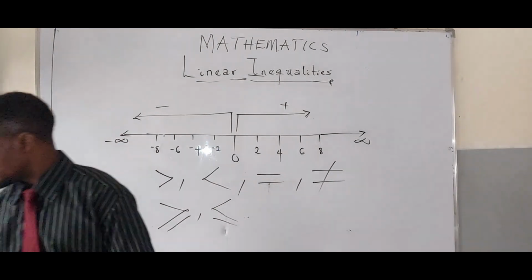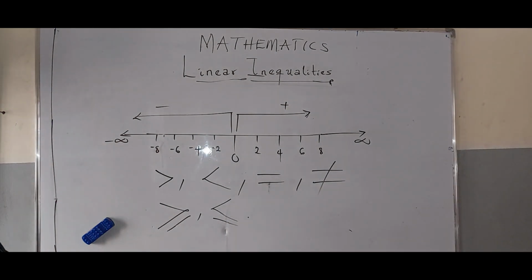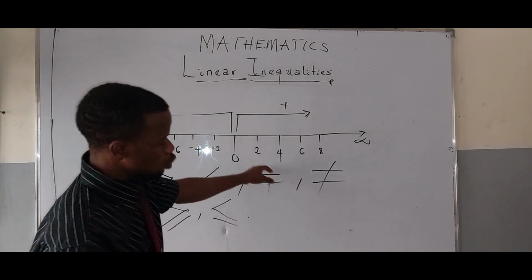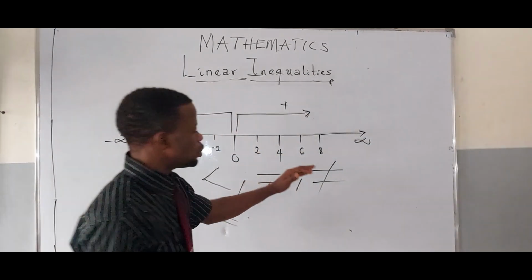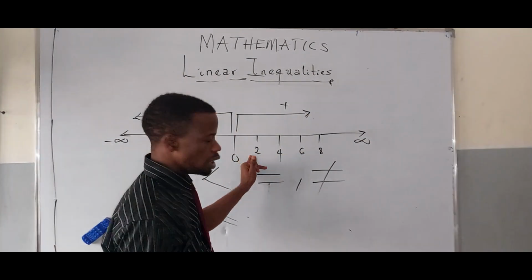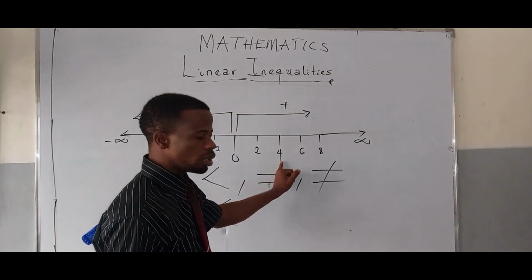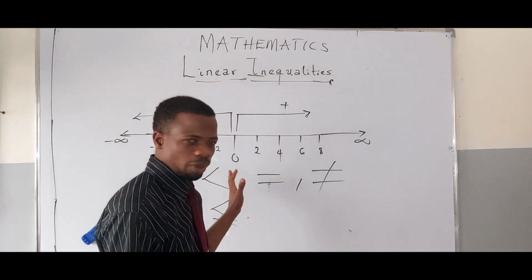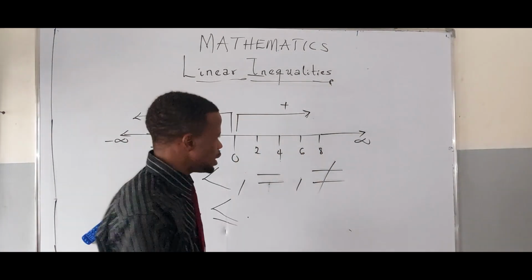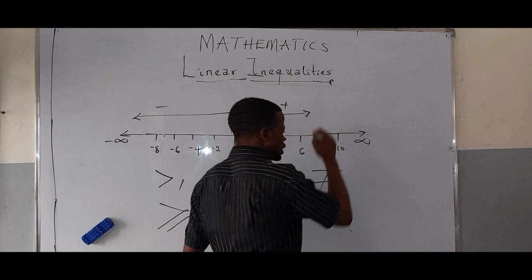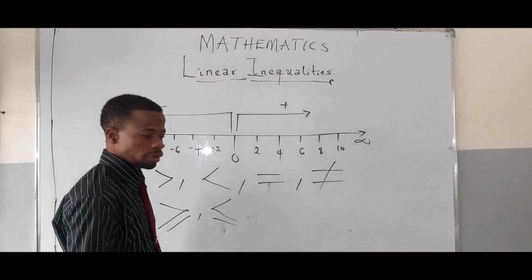So let's start with the first one. As you proceed forward on the number line from 0, the preceding number is smaller than the succeeding one. That means 4 is greater than 2, 6 is greater than 4, 10 is greater than 8, on and on.